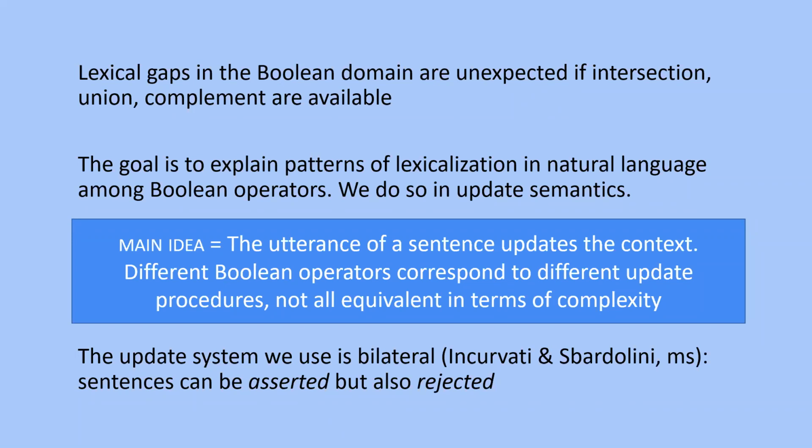The idea that you need an update system to calculate how the assertion of a sentence modifies the context goes back to Stalnaker. Lots of people have worked on it. But we also make it a primitive that sentences can be rejected. You'll see in a minute why this idea pays off in terms of the explanatory work we want to do.